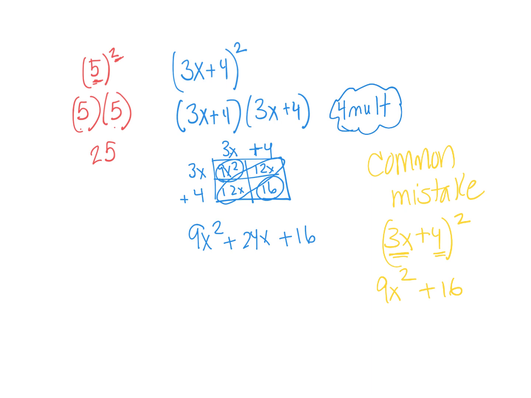If you've done that, you've only done 2 of the multiplications, and we know from several lessons ago that if we're taking a binomial 2 terms times a binomial 2 terms, we must do 4 multiplications. And so if we write that down, we're able to then see those 4 multiplications, whether you do distributive property or whether you do box. Okay, so let's try to avoid this common mistake.